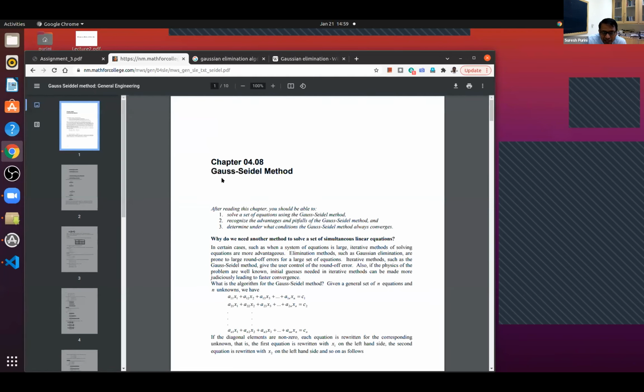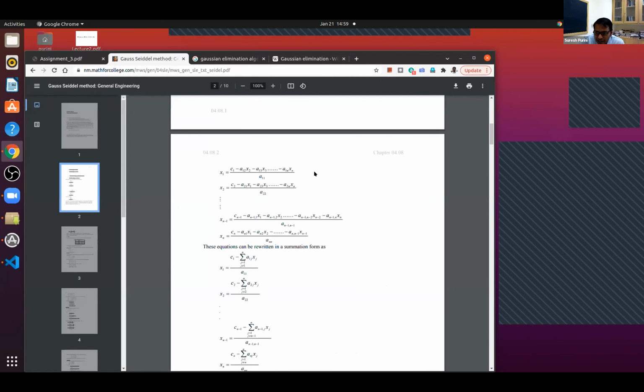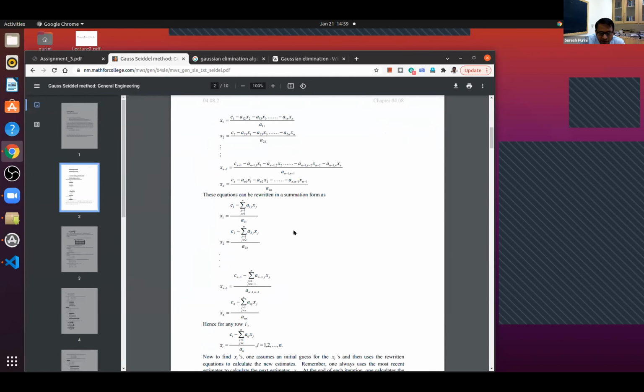You write x1 like this, x2 like this, and so on and so forth. And you start with an initial estimate of x. You keep resubstituting, and you get better and better approximations. That's all. And given a matrix, how do you transform it into this form? You can represent it as a matrix.